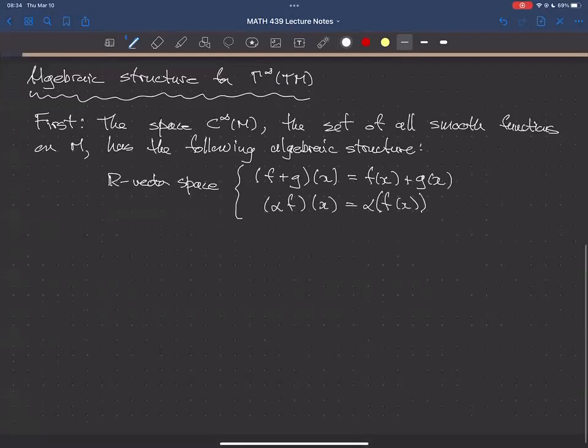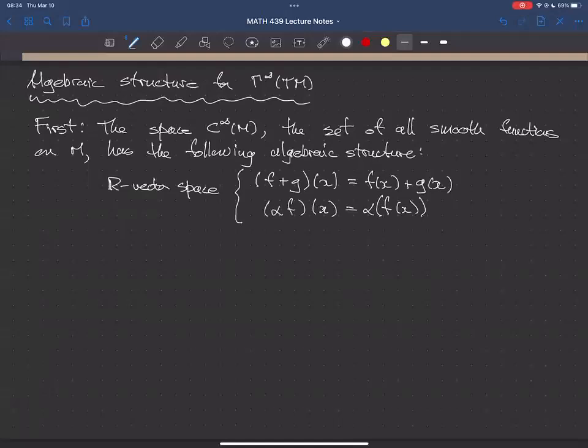It also has the structure of a ring. I don't know if you're familiar with the notion of a ring. A ring is a space with an algebraic structure which has two operations, addition and multiplication.